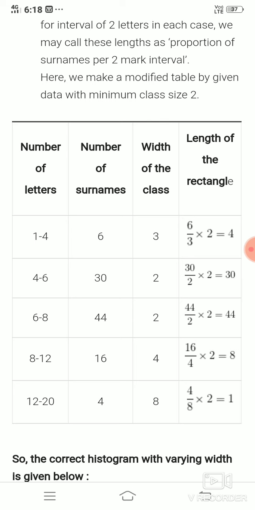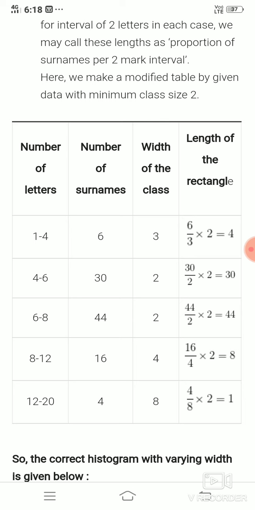So now, originally the width is 3, so 2 by 3 into 6, so the value is 4. Similarly originally here 2, no change, 30. Then 2 by 2 into 44, no change.